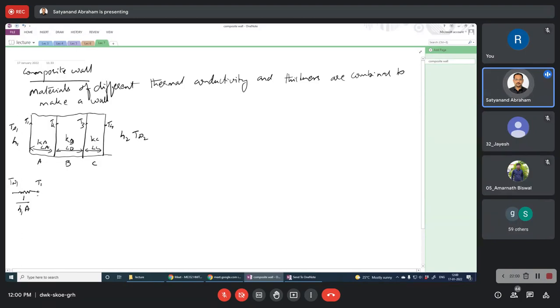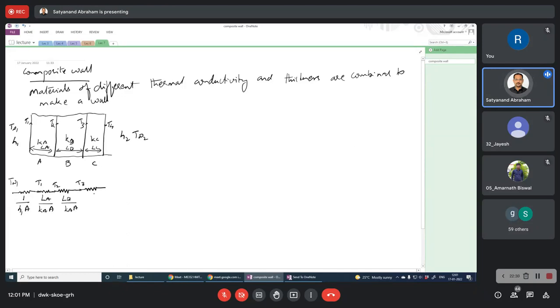Then we have our first temperature, and through conduction in the first material we have LA by KA into the cross-sectional area, and we reach T2. Passing through the second material, we have the next conductive resistance, LB by KB into A, and we reach T3.